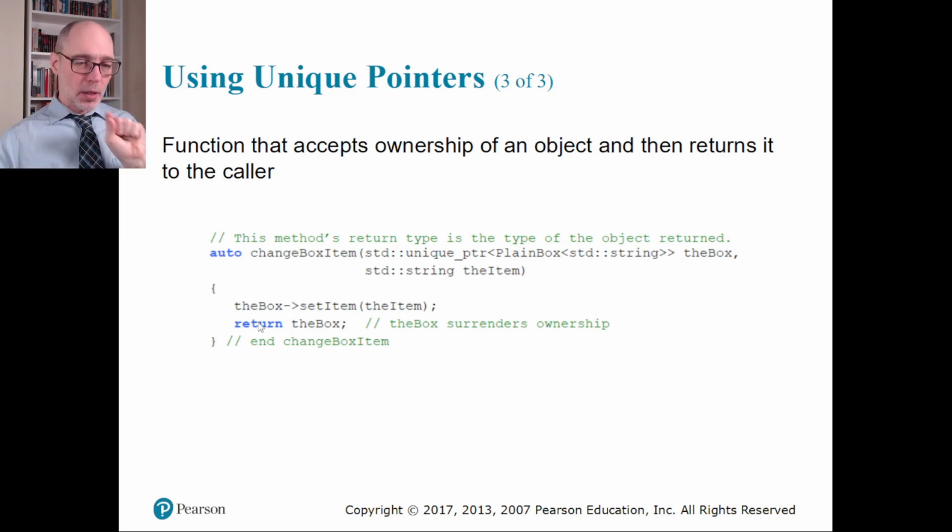And then you're using box, setItem, putting the item in it. So it does whatever work you need. And then in this particular case, we're returning the box, that unique pointer, and then somebody can use that on the other side of the function call. And for what it's worth, when the system does that, it automatically uses the move function.